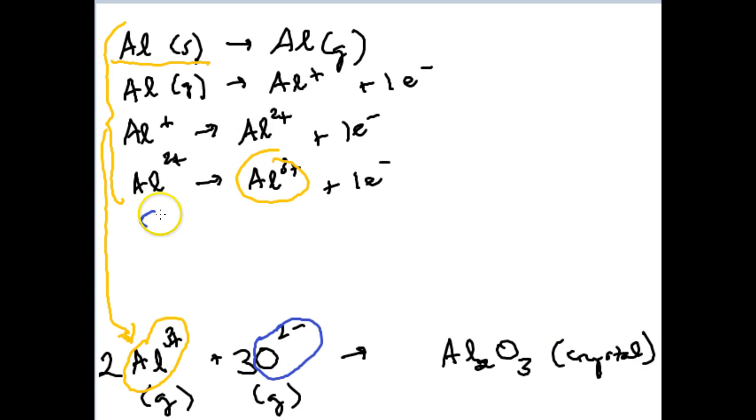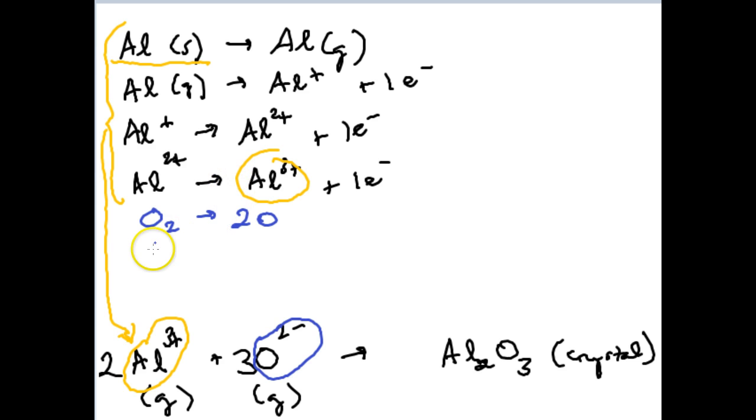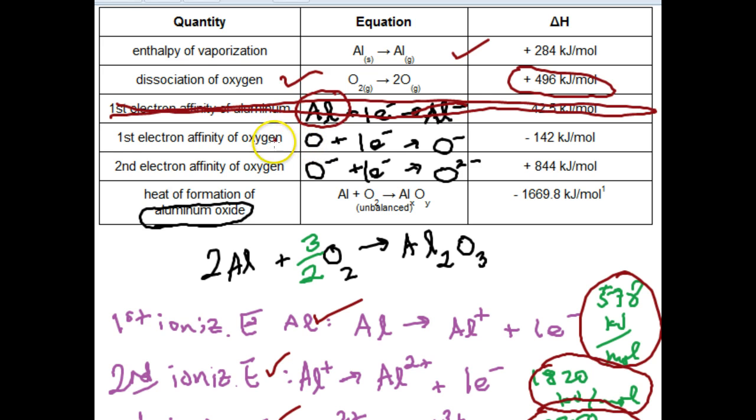So I have to turn this O2 into oxygen atoms, and we have that energy. There it is. This is the energy, right? And then to get the oxide ion, I have to take each one of those oxygen atoms and turn it into an ion by putting an electron on it. So I put an electron on it, and I get the O minus ion. And we have that reaction, and we have that energy. There it is, and there is its energy.